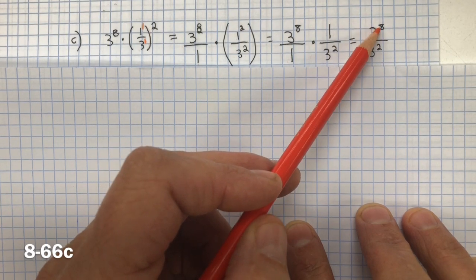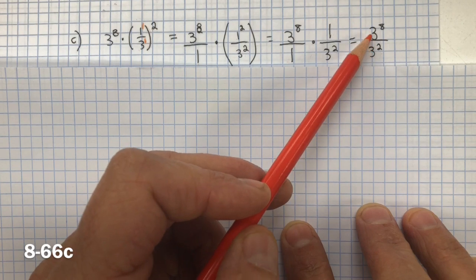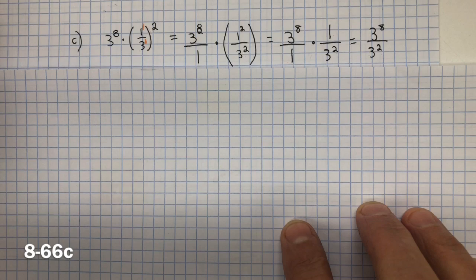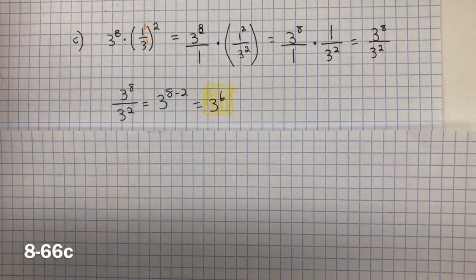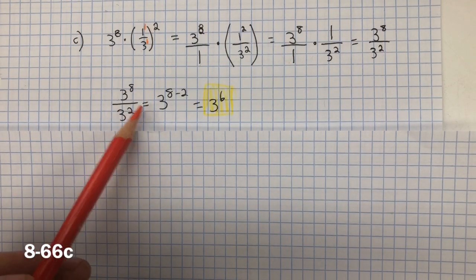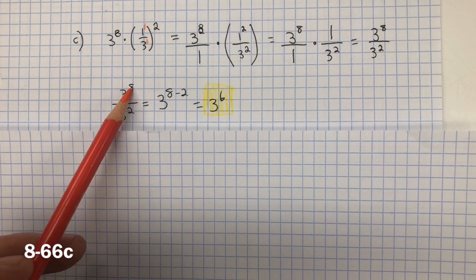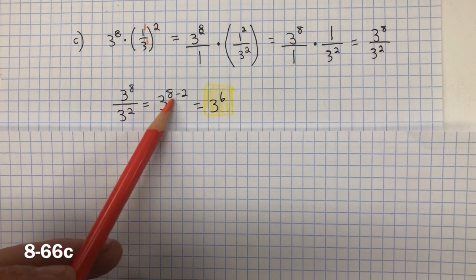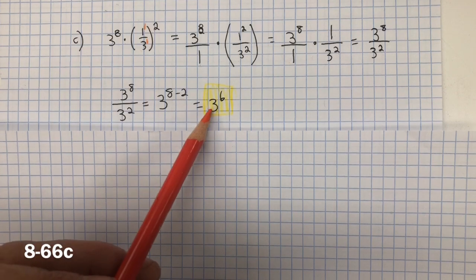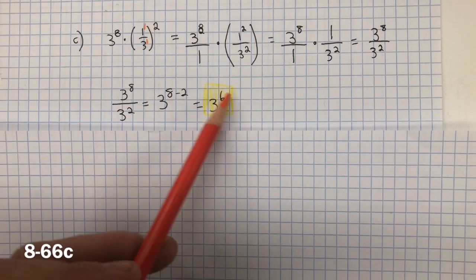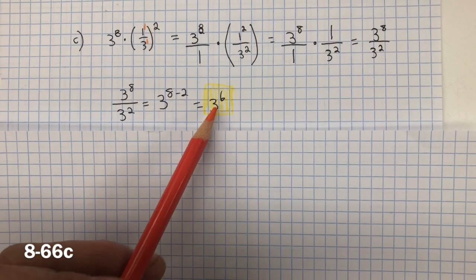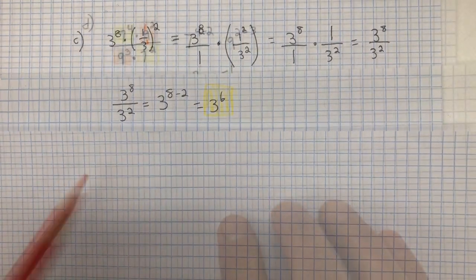So 3 to the 8th and 3 to the 2nd, if you have the same base, you subtract the exponents. So here we have 3 to the 8th over 3 to the 2nd, and that's 8 minus 2. Keep the base, subtract the exponents when you're dividing, which is 3 to the 6th. I'm not going to simplify this because it's 5 or higher, so I leave it as 3 to the 6th.